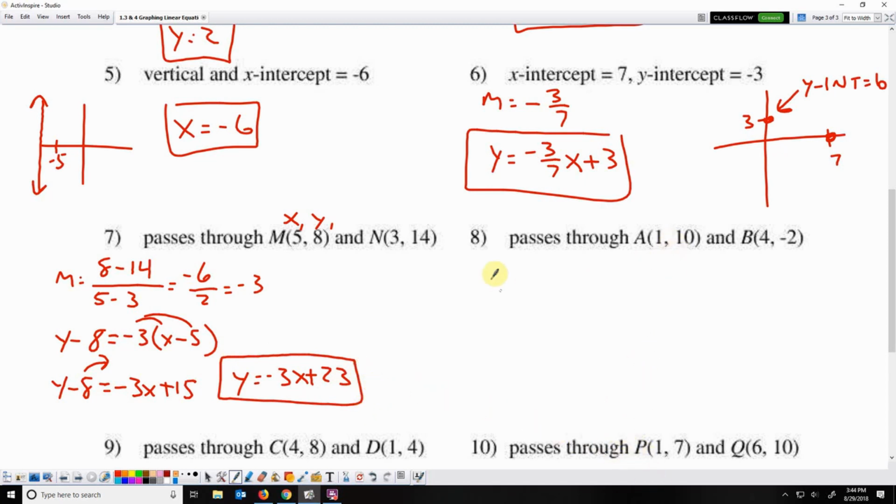Okay, again, I need to find the slope. Y minus y over x minus x. 10 minus negative 2 over 1 minus 4 is 12 over negative 3. So my slope is negative 4. So I'll use these as my x1 and y1.